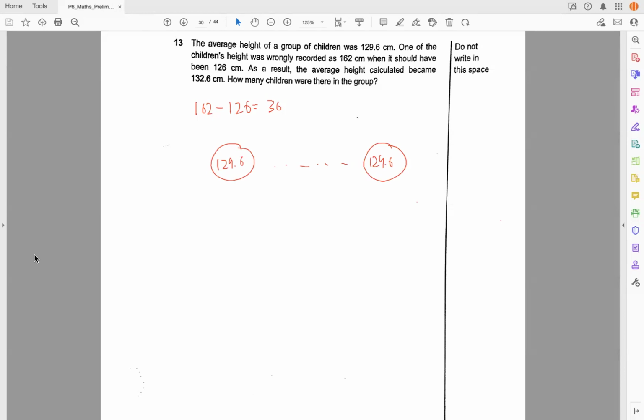But because you recorded wrongly, the average becomes 132.6. So everybody's average has increased. By how much? 129.6 to 132.6. Everybody's average has increased by 3.